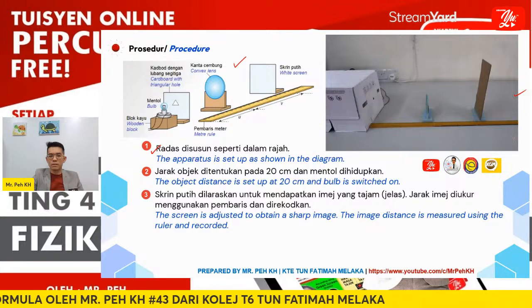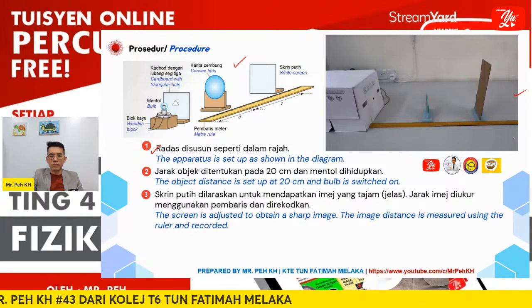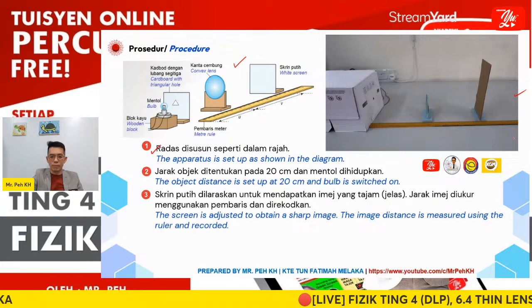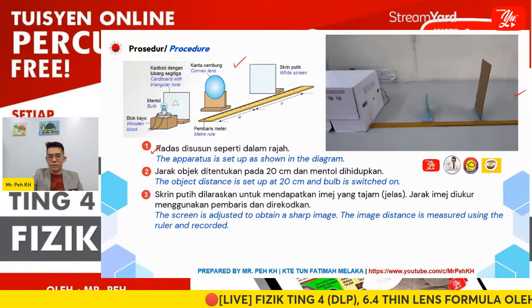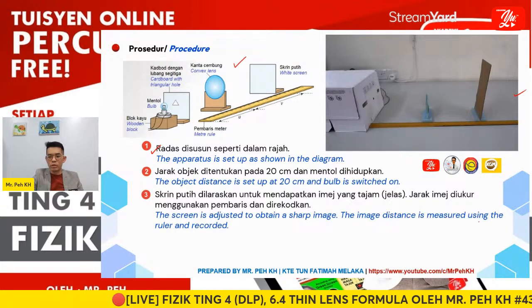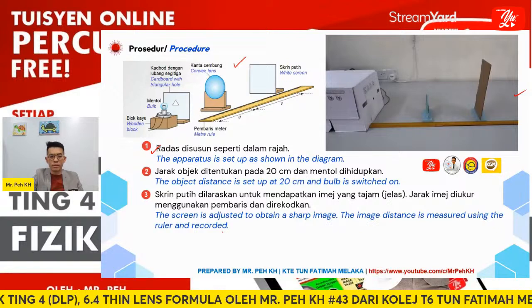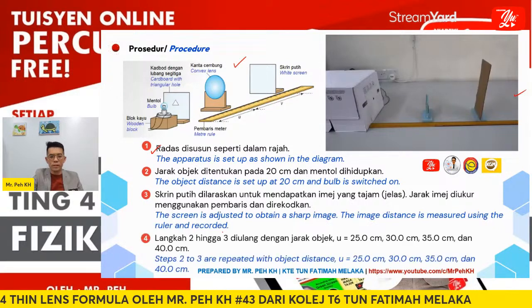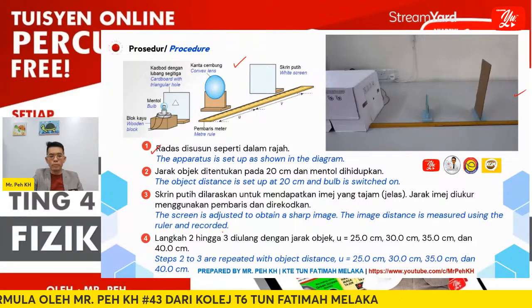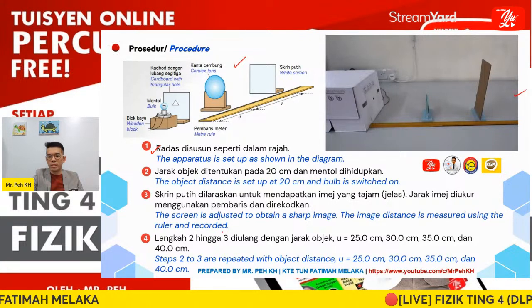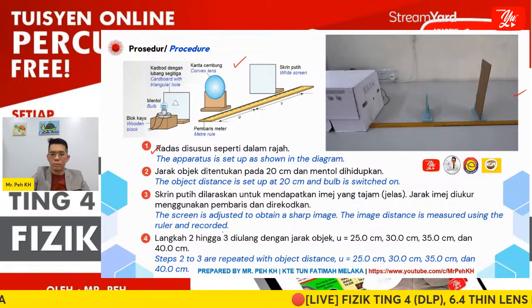Next, the screen is adjusted to obtain a sharp image, and the image distance is measured using the ruler and recorded. Okay, and then steps 2 and 3 will be repeated with the object distance U equal to 25, 30, 35, and 40.